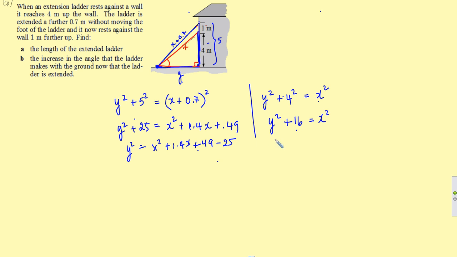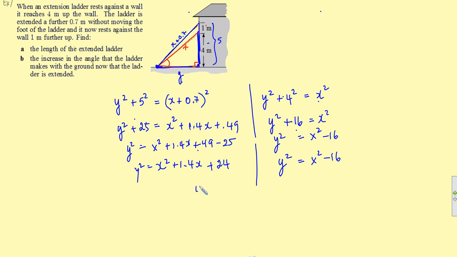And on the other side, I'll have y squared is equal to x squared minus 16. On my left-hand side, I now have x squared plus 1.4x, and then 49 minus 25 is 24, so it's plus 24. So y squared is equal to that on the left-hand side, and y squared is equal to x squared minus 16.